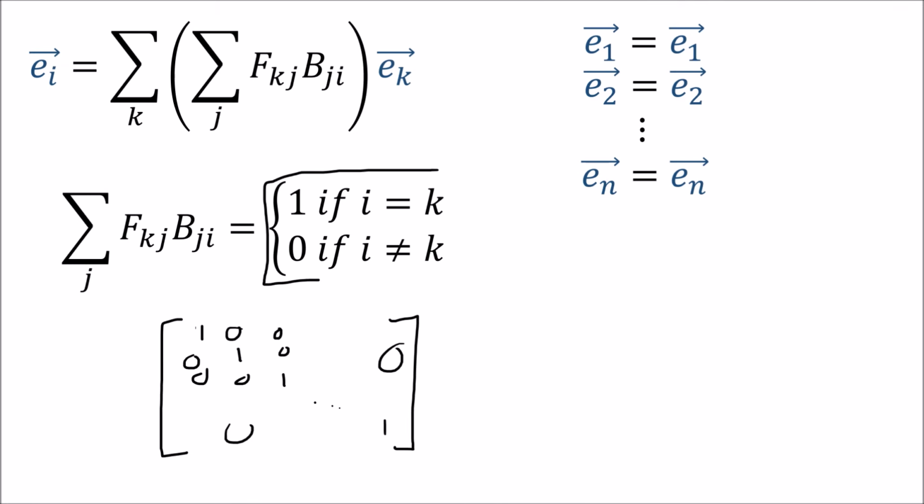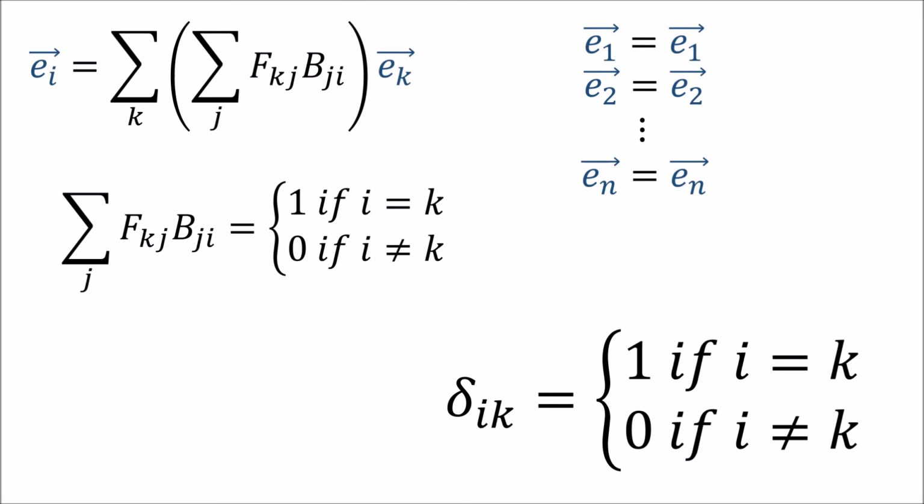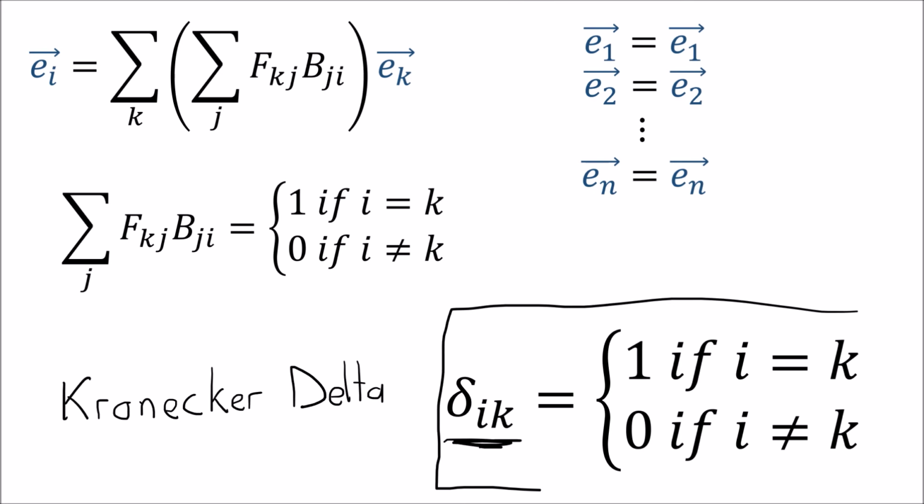Now, this behavior where we have 1 where i equals k and 0 where i does not equal k ends up being so common that we give it its own symbol, called the Kronecker delta. So whenever you see the Kronecker delta, just think of this relationship right here. It's a bit like telling you what the entries of the identity matrix are, where we have 1 where the row is equal to the column, and 0 everywhere else.